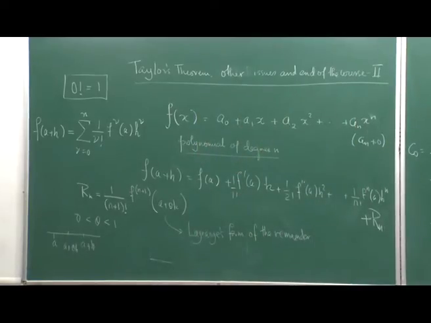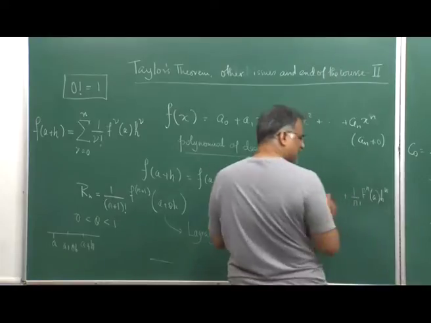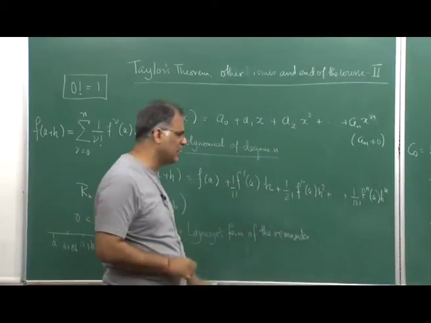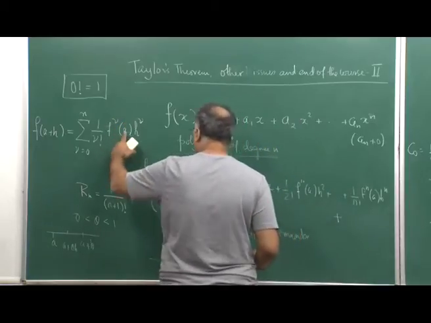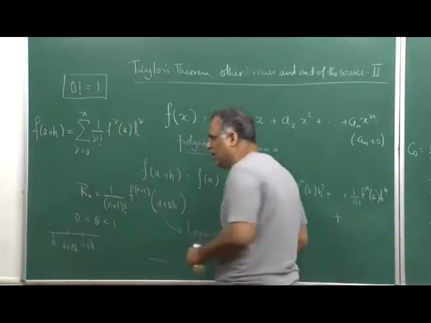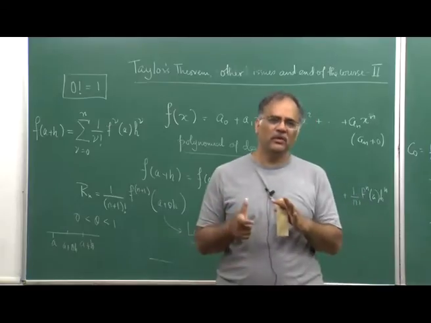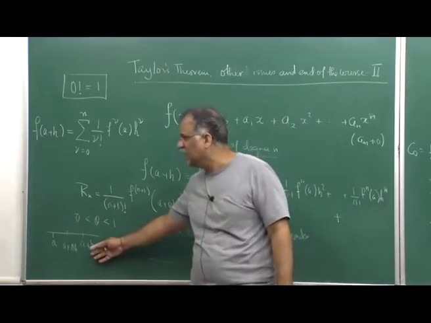But it is not a polynomial. But suppose in my mind I want to think that it is like a polynomial, then I would say that, okay, I am able to do an exact expression, but not with f n plus 1 of a, but with f n plus 1 of something like this, a plus theta h.